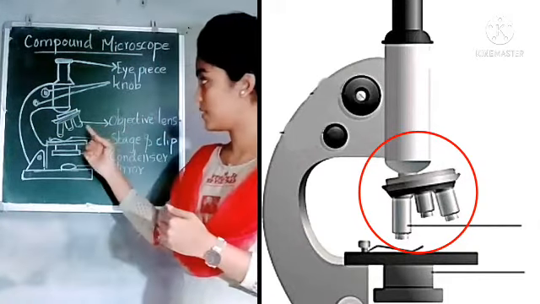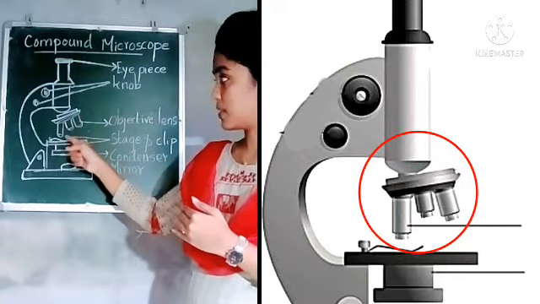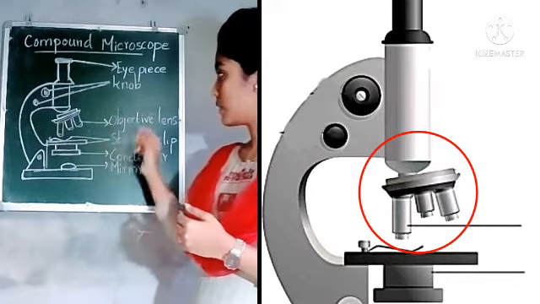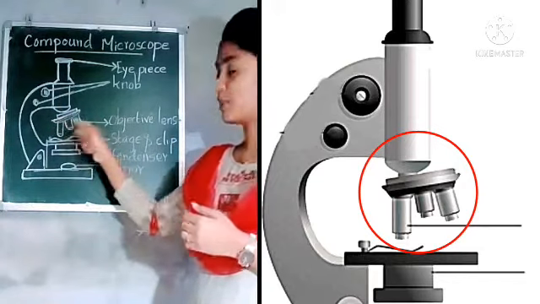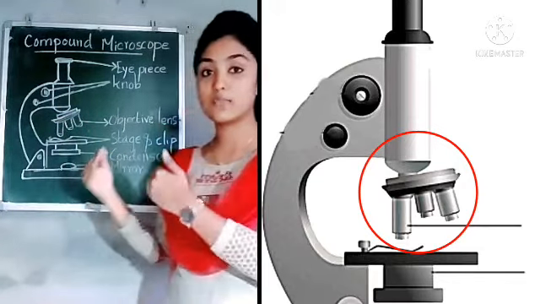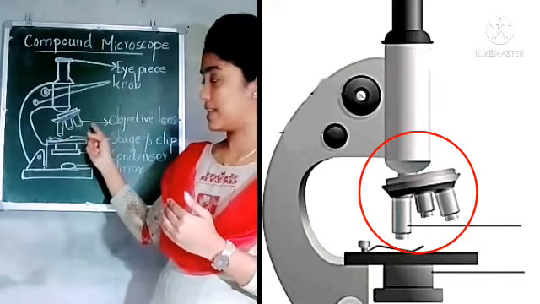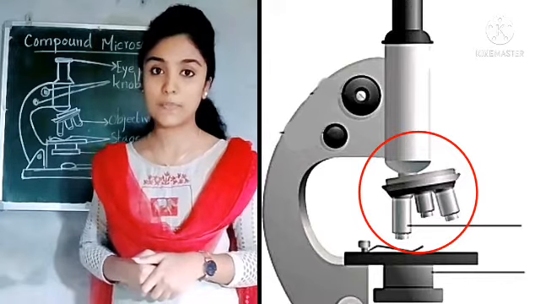Actually, this objective lens is attached to a nose piece. And we can turn it. We can turn this part and we can choose which lens we require. Here you can see three lenses and these lenses are marked with different magnification power.